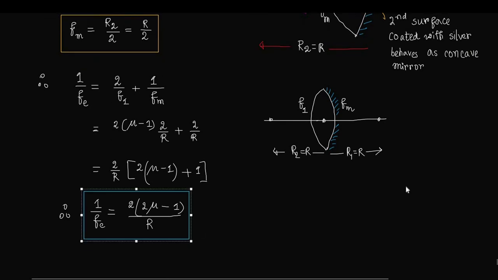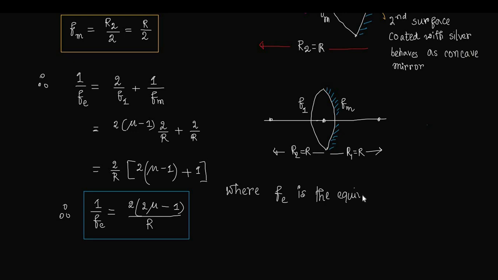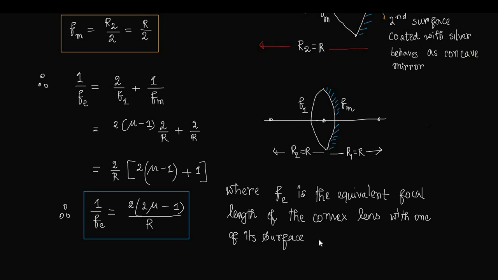So finally we get 1 by Fe equal to 2 into (2 mu minus 1) divided by R. That is the expression of the reciprocal of equivalent focal length of a convex lens with one of its surfaces coated with silver, where Fe is the equivalent focal length of a biconvex lens, or convex lens, with one of its refracting surfaces coated with silver.